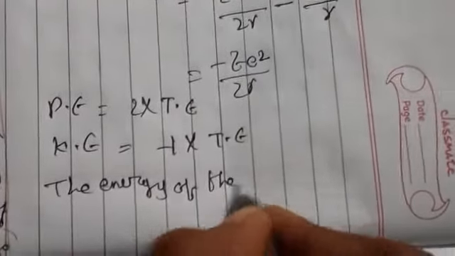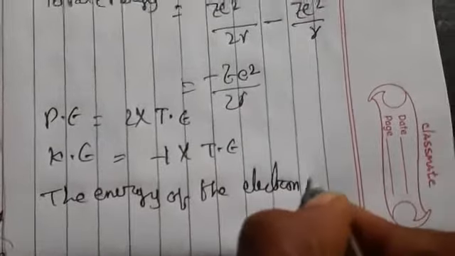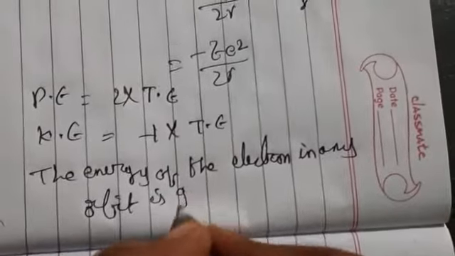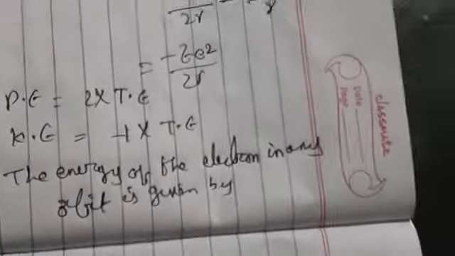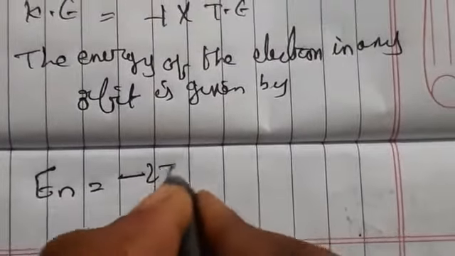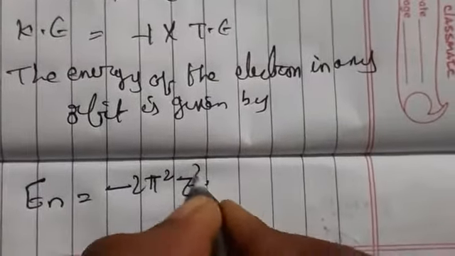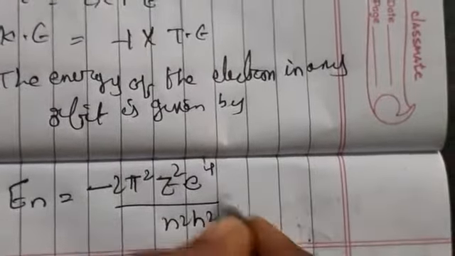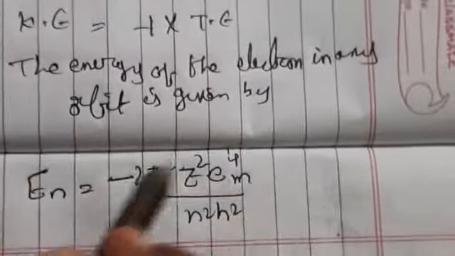The energy of an electron in any orbit is given by one formula, En is equal to minus 2 pi square Z square e power 4 by n square h square m.